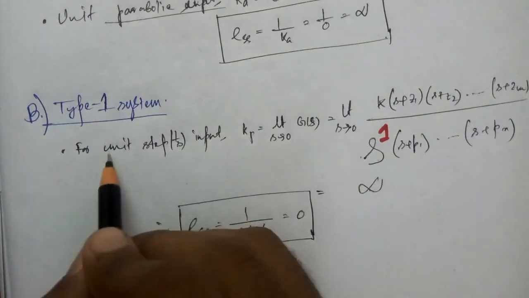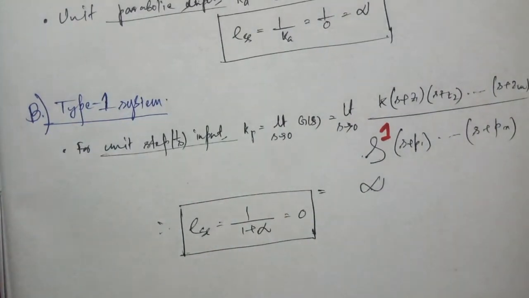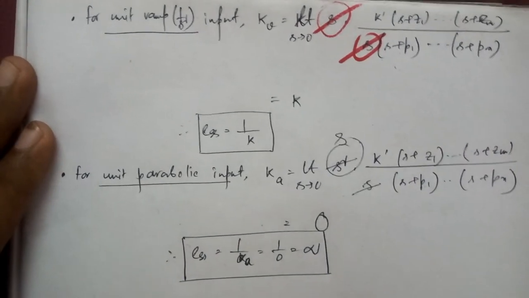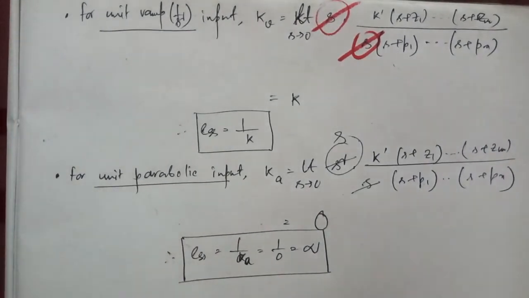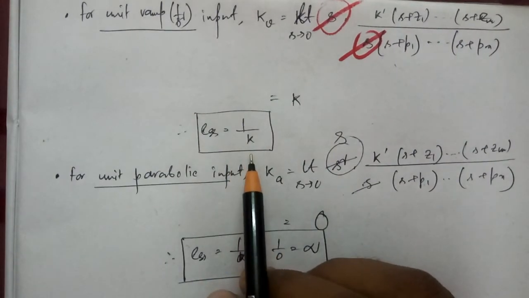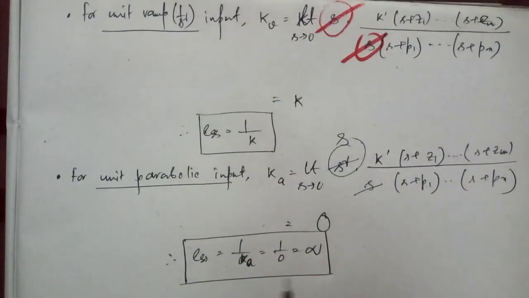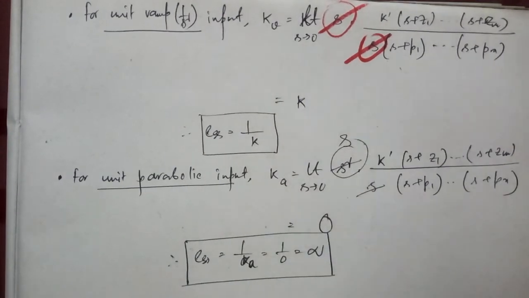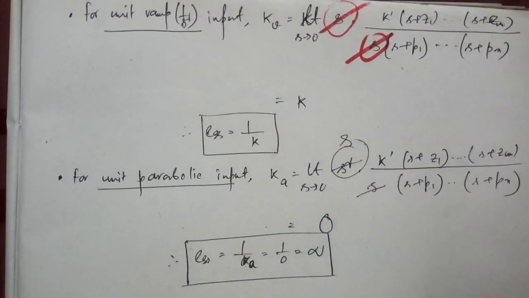That is for unit step input. Now for unit ramp input, the steady state error will be 1 by K, and for unit parabolic input, the steady state error will be infinite. These are all for the type 1 system.